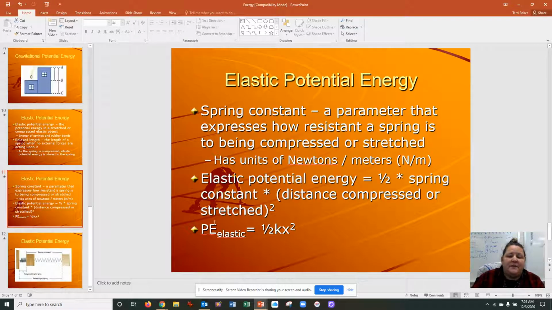Here it is at the bottom. The elastic potential of a spring is 1/2 the spring constant k, which will be a number in a book. You don't have to calculate it originally. And then times the distance it stretched or compressed squared.